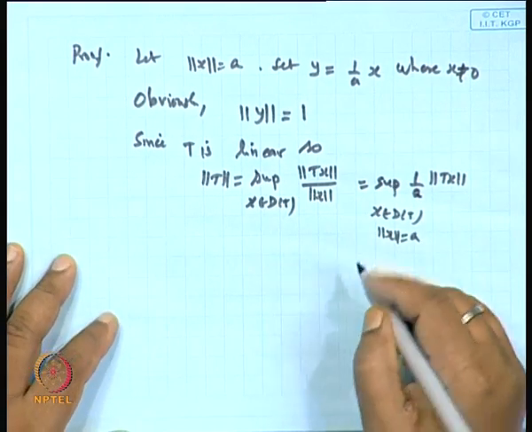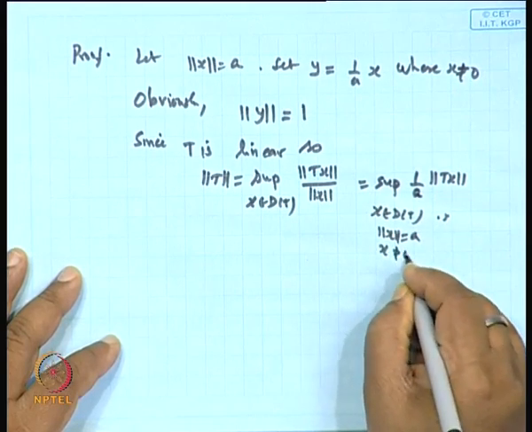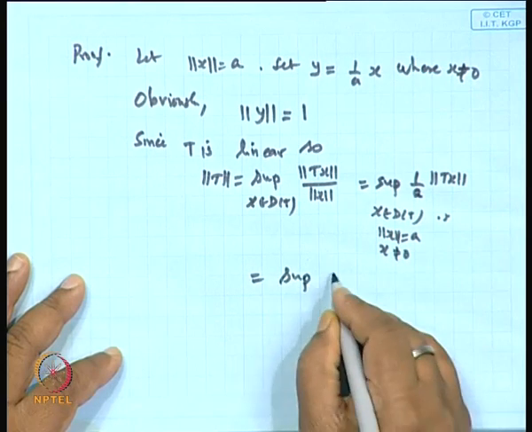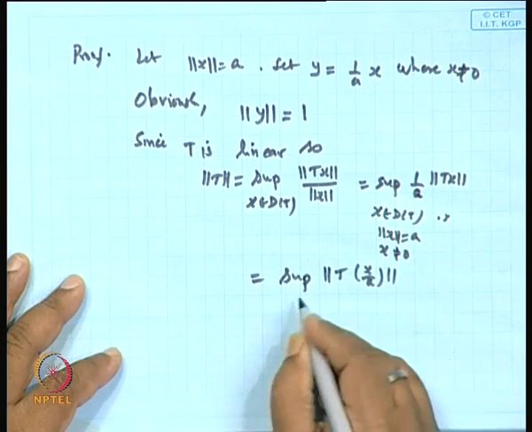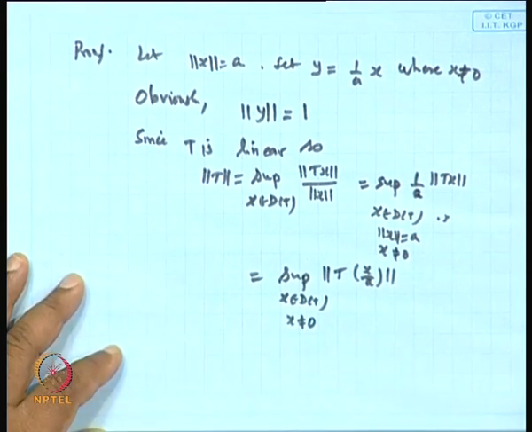Then this will be, x is not equal to 0, of course, the supremum taken over all x of norm of Tx by a, where x belongs to D(T) and x is not equal to 0.